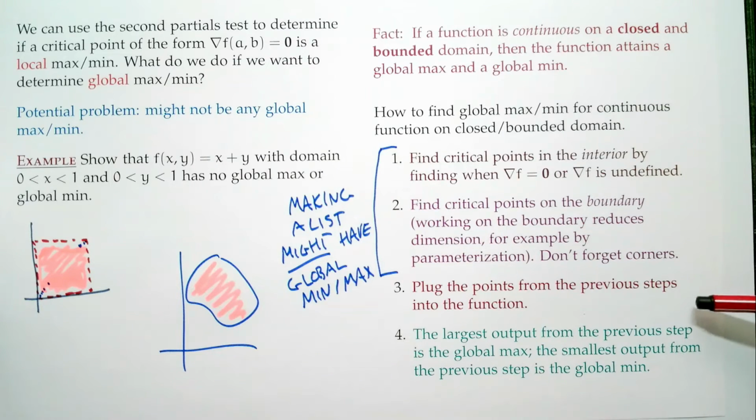Once we've evaluated, we just read off the answer. We know the max or min occurs, and we found the points where it could occur. We checked all the values of the function. The largest one is going to be the max, and the smallest one is going to be the min. So that's the process.